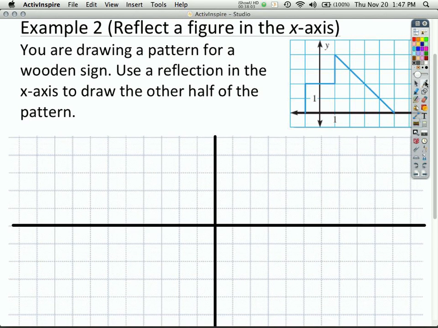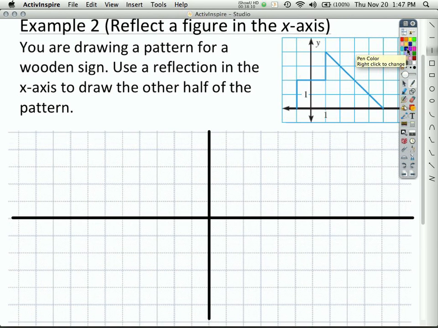So again, we're working simultaneously right now. And so now let's just sketch the picture.